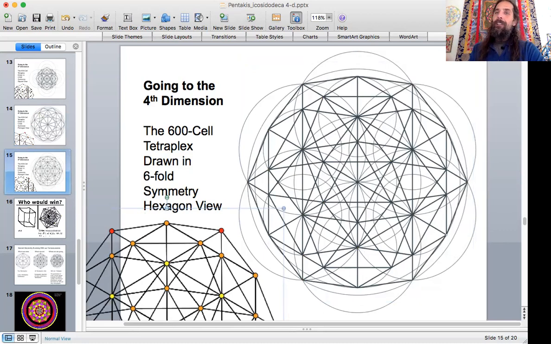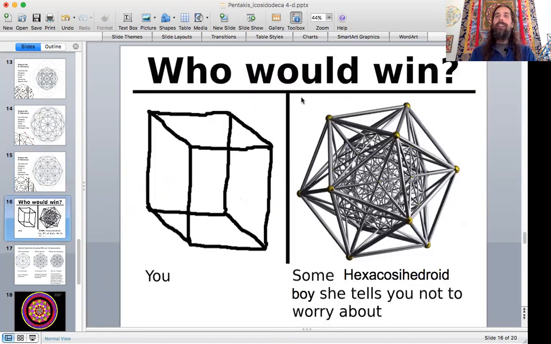So right after I made all these discoveries, as I was searching online trying to find out more about this, I looked through the images on Google searches to see what I could find. I came across this funny post that said, who would win, you or some hexacosihedroid boy she tells you not to worry about?